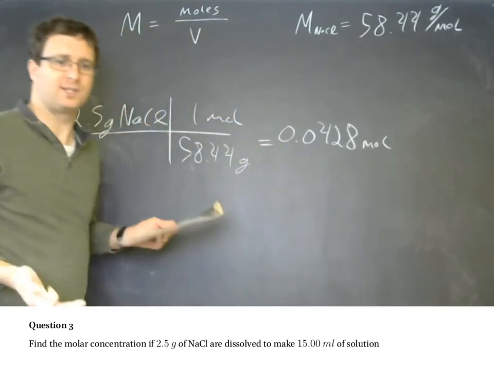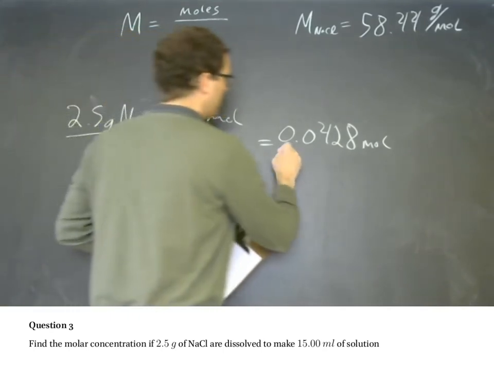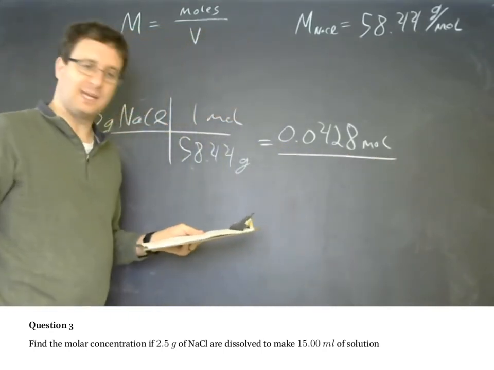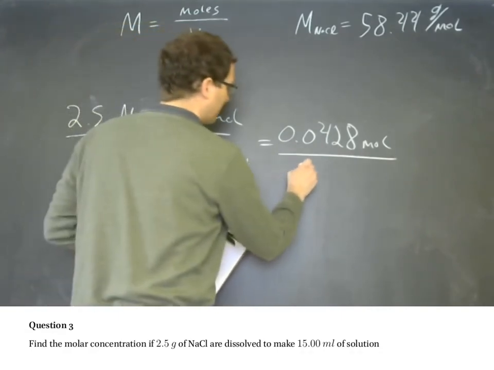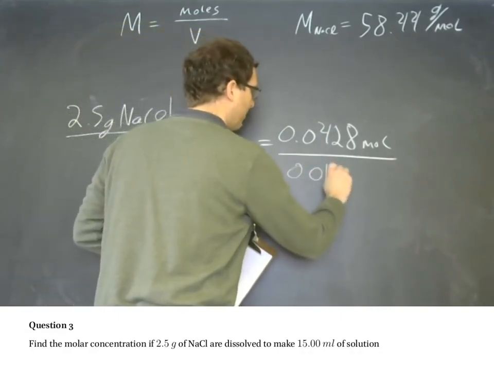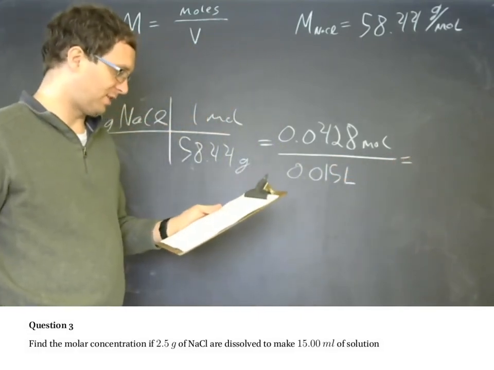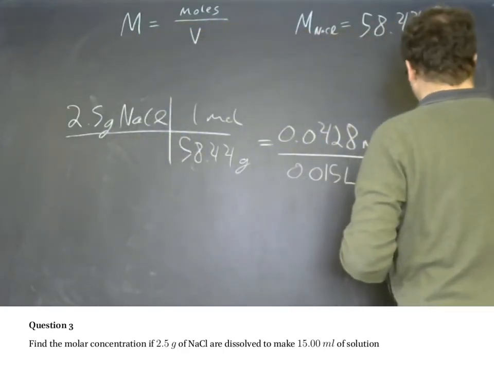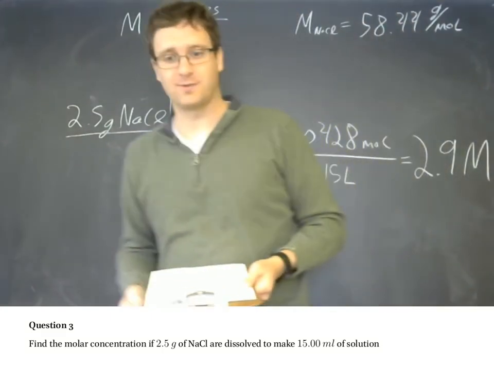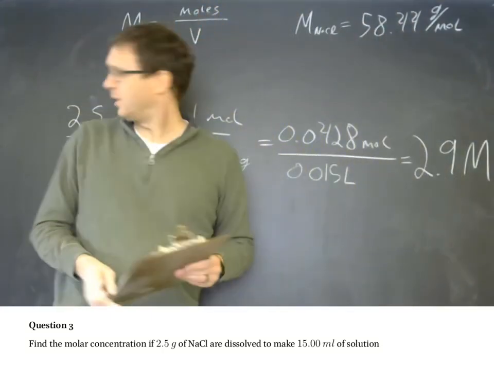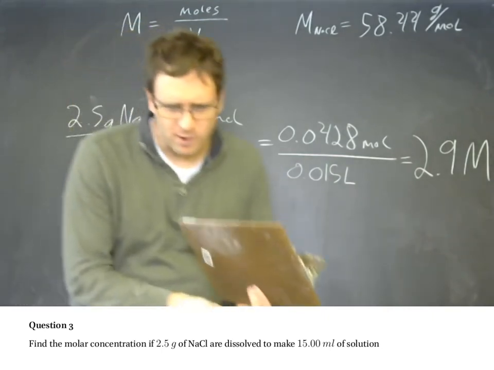And if we wanted to turn this into a molar concentration, we'll divide by that volume in liters. That 15 milliliters, to convert that into liters, we simply divide by 1,000. We get 0.015 liters. This will give us a molar concentration of 2.9 molar. Ultimately, we only get 2 sig figs for that answer. 2.9 molar.